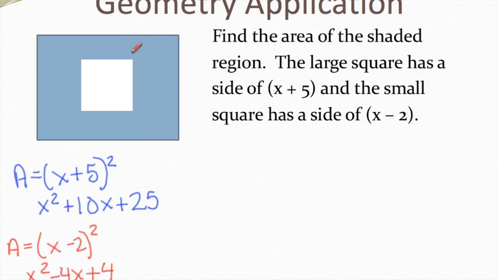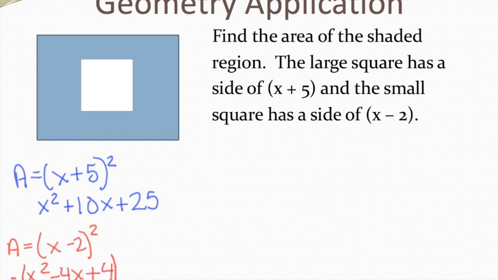Now, I'm only looking for the shaded region, so I have to subtract my small square from my big square. Remember, when we are subtracting polynomials, we change the sign of each term behind the parentheses and then add the two terms.